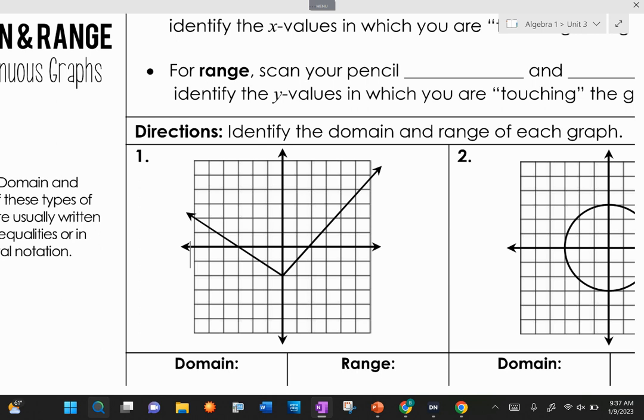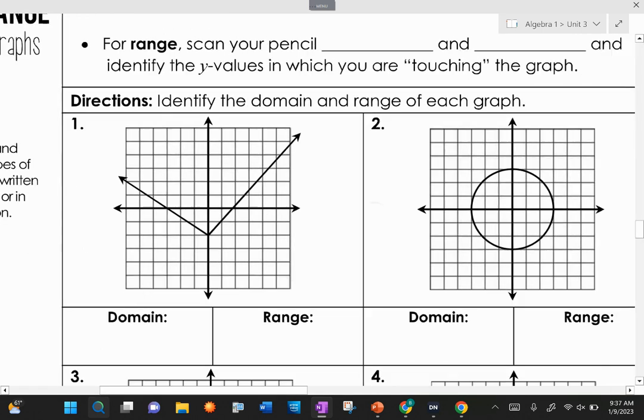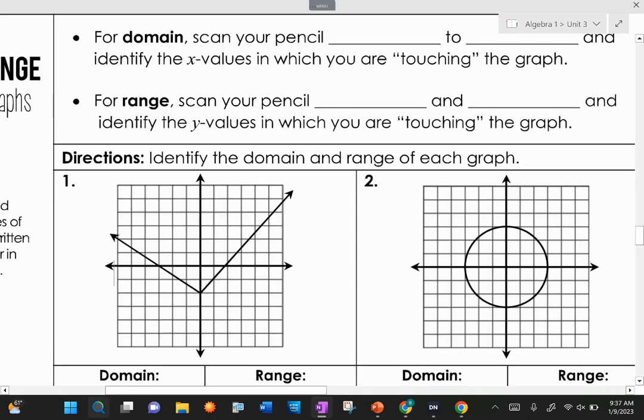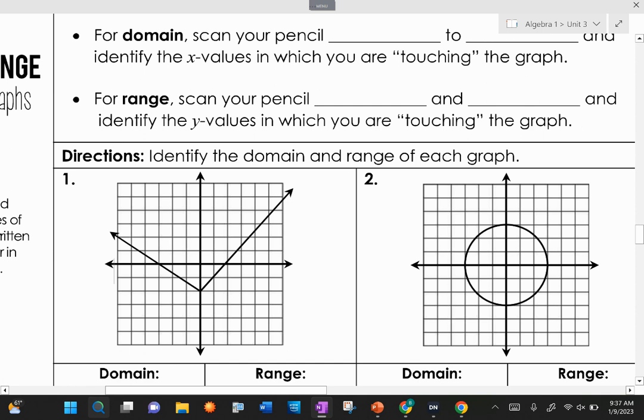So domain and range is talking about the set of data. Domain is dealing with X values, and range is dealing with Y values. So what we're going to be looking at is total values left to right and total values up and down. That'll make more sense once we get going. For domain, to identify it, you're going to scan your pencil. If we're talking X values, do we scan our pencil left to right or up and down?